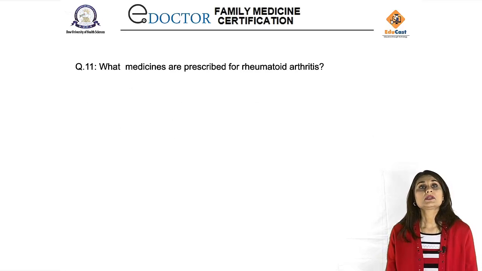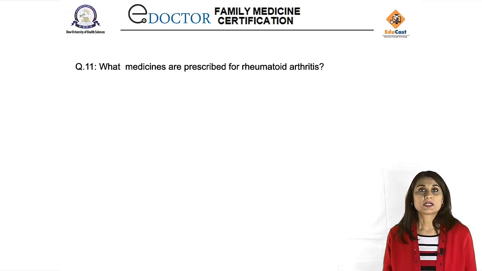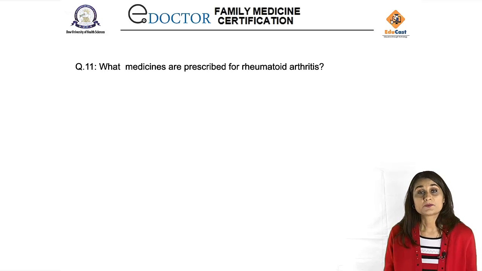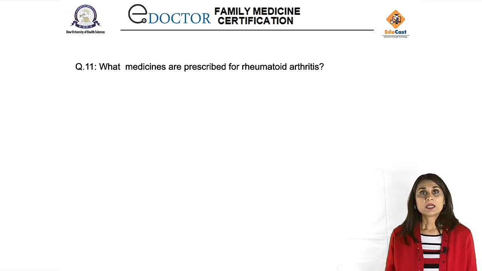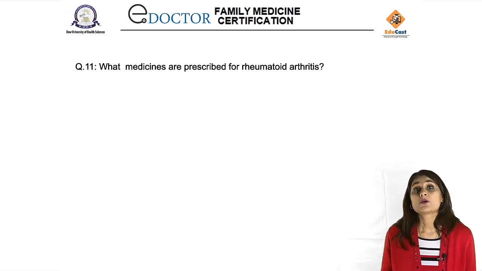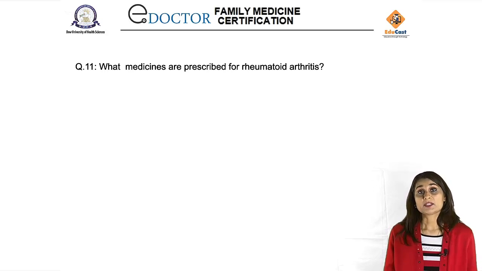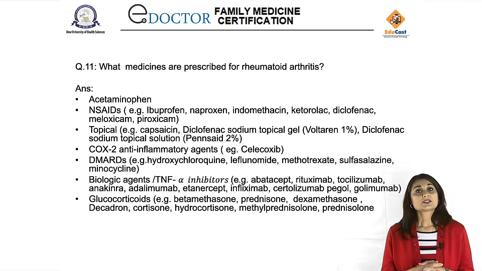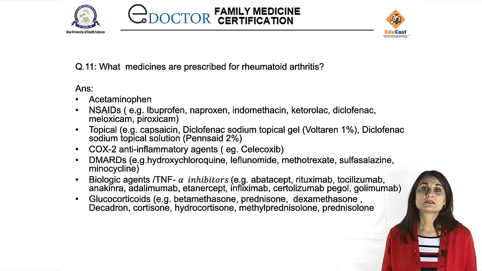Next question. What medicines are prescribed for rheumatoid arthritis? So I'm going to give you a list of certain medications that we prescribe for rheumatoid arthritis, and after that I would like to go over how you will do the management completely. Okay, what is the order that you will be giving it in? So we have a few medications. The patient comes to you initially, you give them acetaminophen, you can give them NSAIDs. There are different types of NSAIDs, ibuprofen, naproxen, and then topical agents.